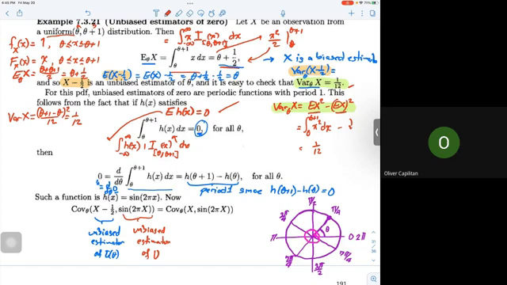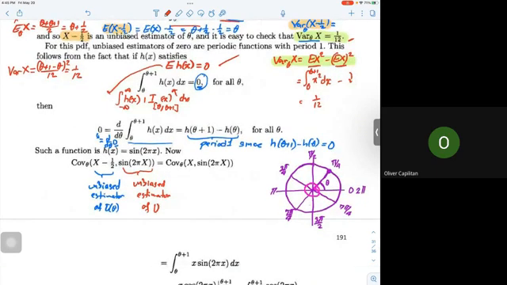Pero dito, titingnan natin kung ang value ay equal to 0. According to our property of covariance, the covariance of x minus 1/2 and sine of 2 pi x is the same as the covariance of x and sine 2 pi x. That's the property of covariance.